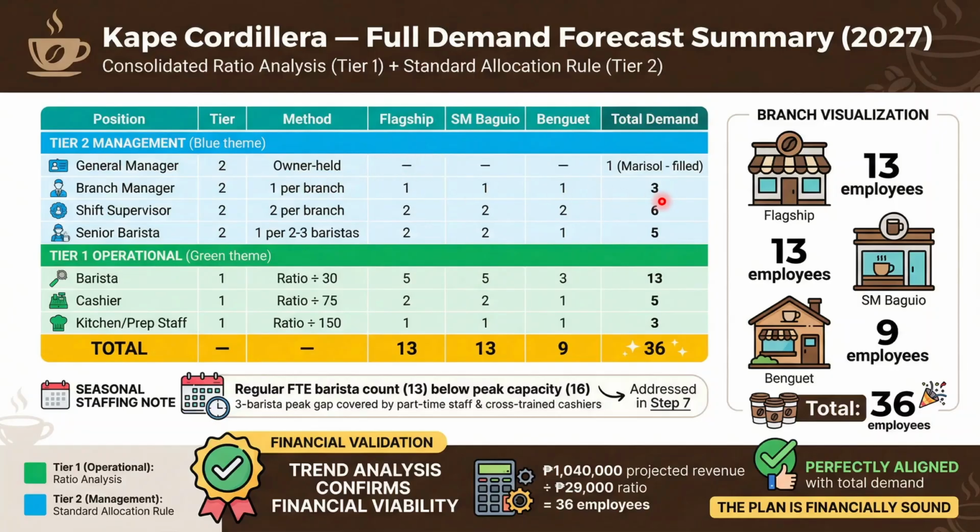Dalawa ang kailangan natin na branch manager, 6 na shift supervisor, 5 barista, senior barista, 13 na barista, 5 na cashier, 3 na kitchen prep. And then there's this breakdown now per branches.